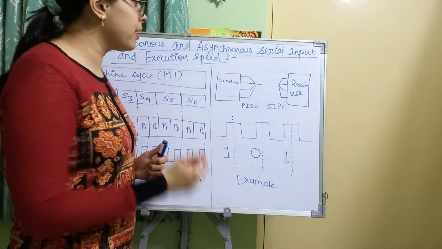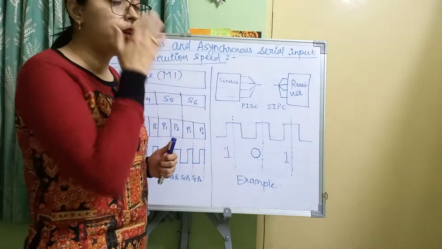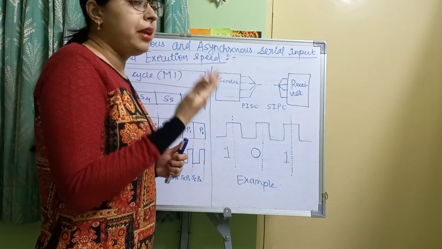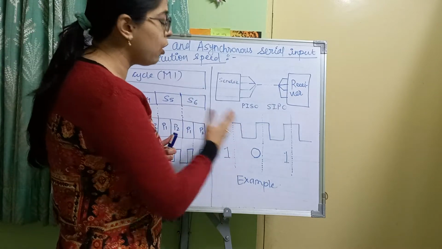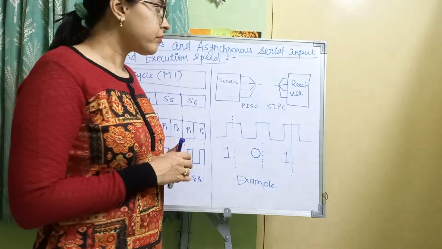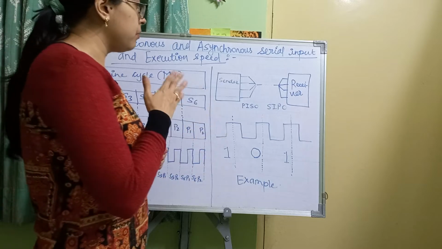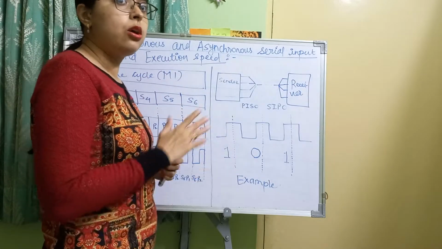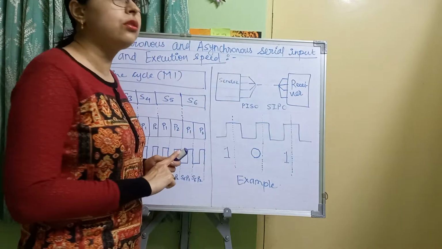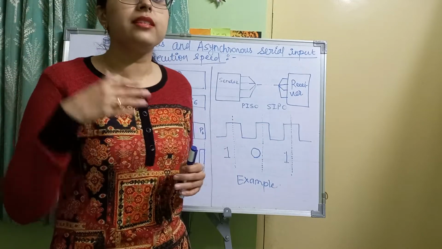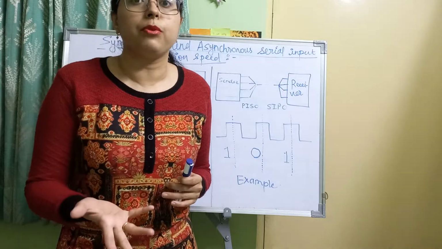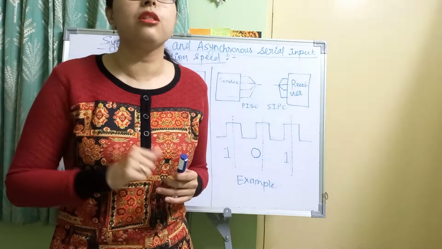I have given the example of the logic high midpoint, but it can be anything. We can also transmit at the midpoint of a logic 0 level. So the bit stream is transmitted along with the clock pulses in synchronous communication. We say the input is a synchronous serial input when the clock pulse is transmitted along with the bits.